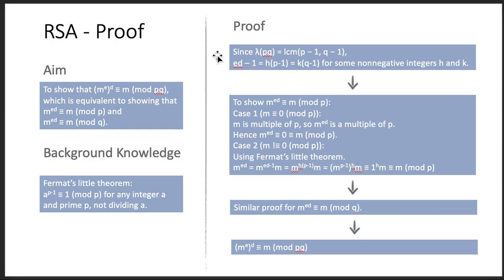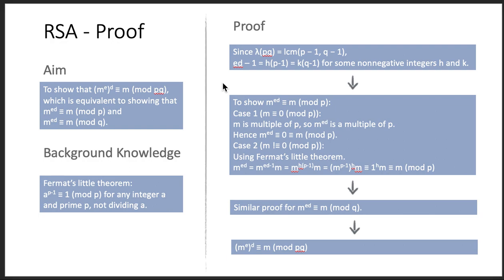So we can start the proof, and since lambda pq is equal to the least common multiple of p minus 1 and q minus 1, ed minus 1 is equal to an integer times p minus 1, or an integer times q minus 1. To show that m to the power ed is equal to m mod p, we have to consider two cases.